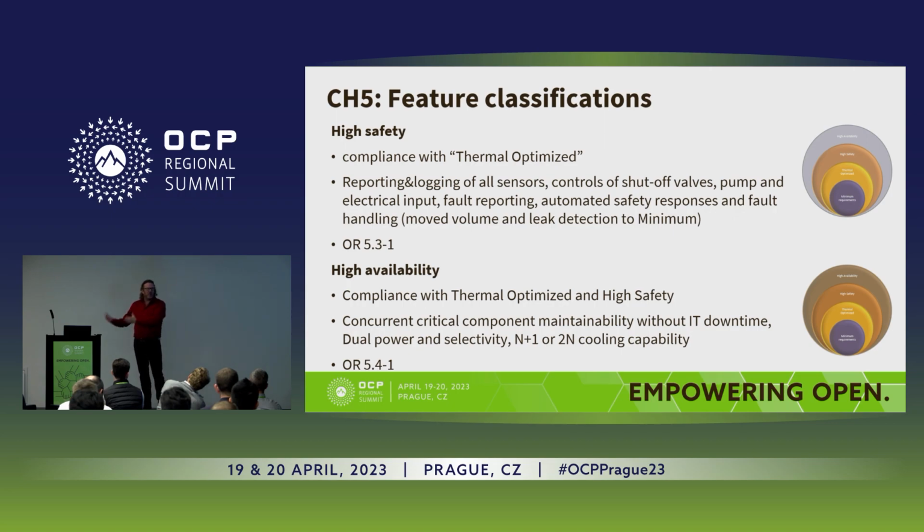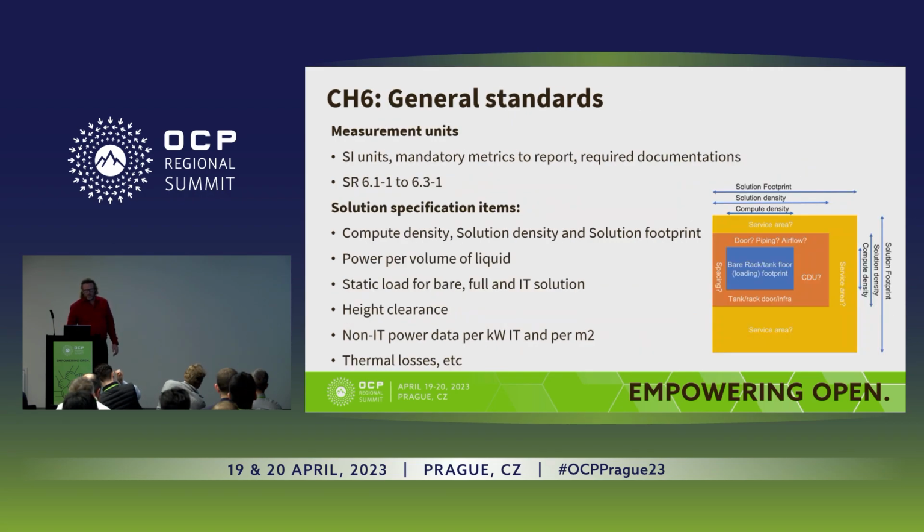Without IT equipment downtime, which means that if there's a heat exchanger or a CDU or a pump, you must be able to exchange those components without affecting the continuity of the IT equipment. It effectively means also you must have a dual power setup, redundant power capability with an N+1 or 2N cooling capability, right?